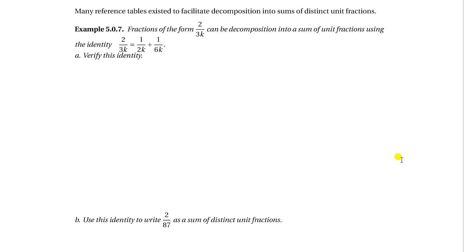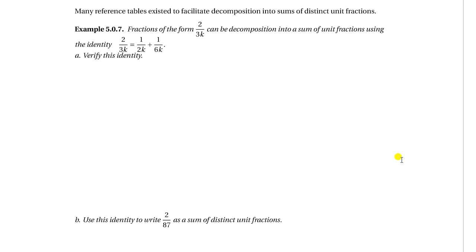And whenever they needed any number between 0 and 1 that is a fraction, it could be written as the sum of those unit fractions. And they didn't want to calculate every time they saw that, so they had a kind of cheat paper, which is the collection of all the reference tables about which fraction equals the sum of which unit fractions.